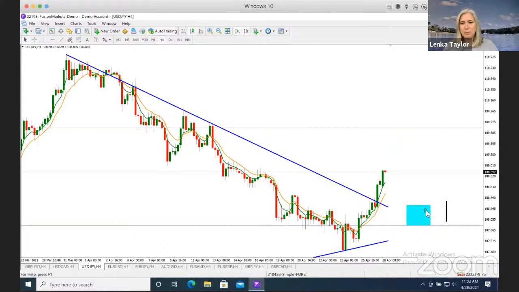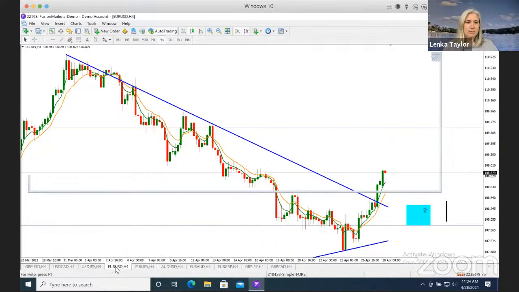So in terms of the 4 hourly, I would be looking for a price to pull back today, tomorrow, and then possibly looking for a reversal there. Otherwise, it might just keep going, and that's fine. But if there is a reversal, I would be looking for a long around that support there.